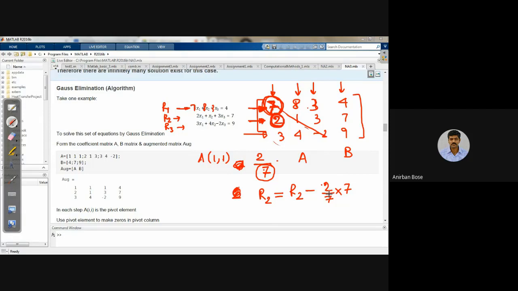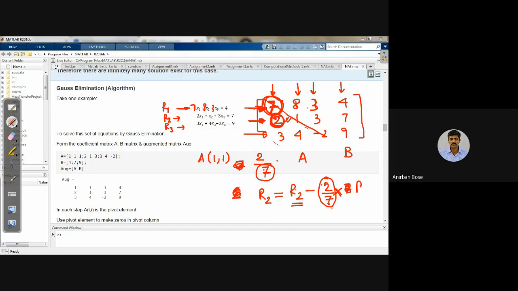We are trying to make this quantity 0, so whatever is in row 2, we are subtracting from it. What is this 2 by 7? 2 is this value that we want to make 0, divided by 7. What is the 7? 7 is this pivot element. And what are we multiplying? We are multiplying that particular row. So what is that row?